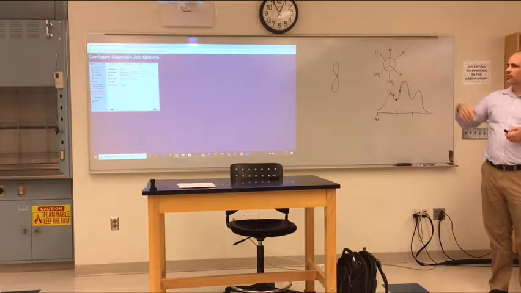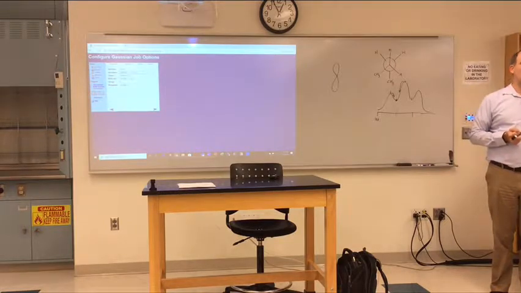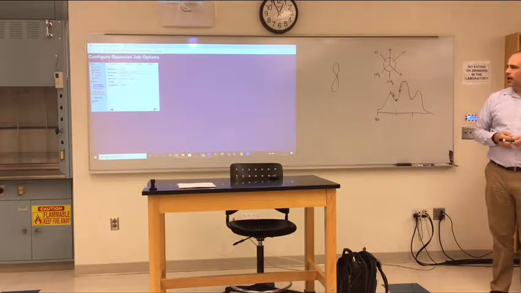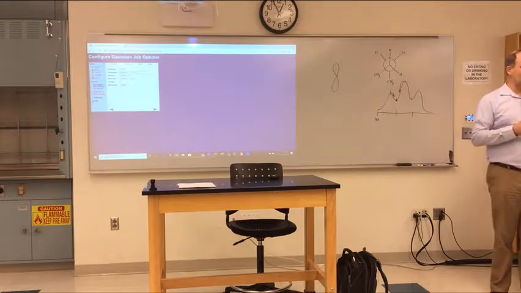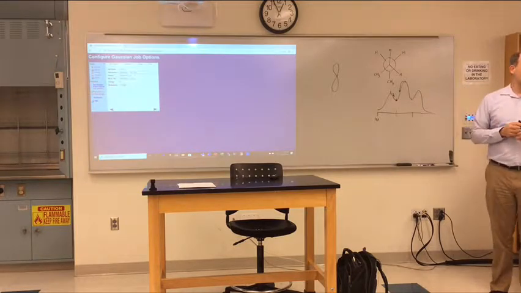Some of these theories also involve more complicated equations, and so they would take longer to calculate. So again, we'll go through a lab in which we're looking at the different theories, how long it takes to calculate, and the relative accuracy. For those, we're going to pick one basis set and then play around with the different theories and see how accurate it is, and then how long it takes to calculate.